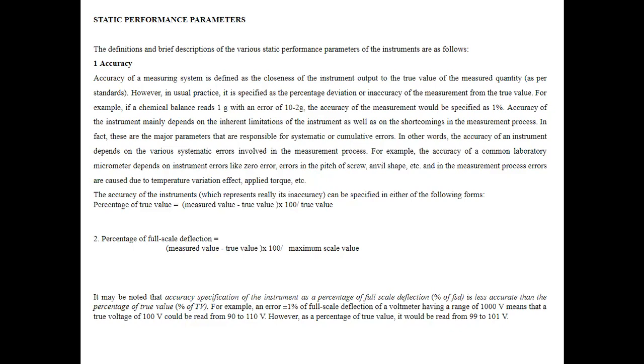For example, an error of plus minus 1% of full scale deflection of a voltmeter having a range of 1000 volt means that a true voltage of 100 volt could be read from 90 to 110 volt. However, as a percentage of true value, it would read from 99 to 101 volt.